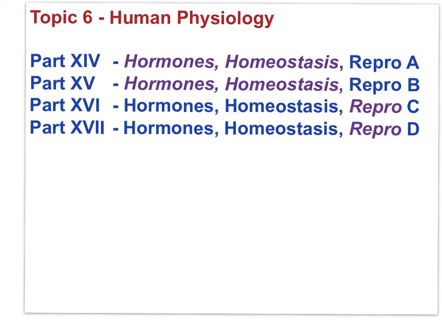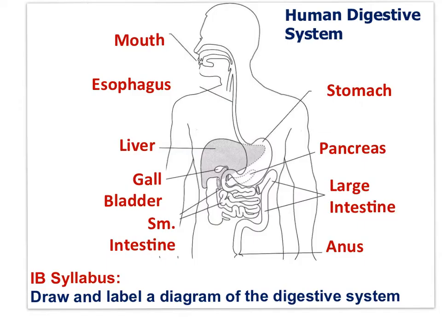Here is the second slide of the outline for all parts of Topic 6, Human Physiology, for both SL and HL students. Before moving forward, let's review the relative positions of the organs of the digestive system. We have the mouth, the esophagus, the stomach, small intestine, the large intestine, and the anus.